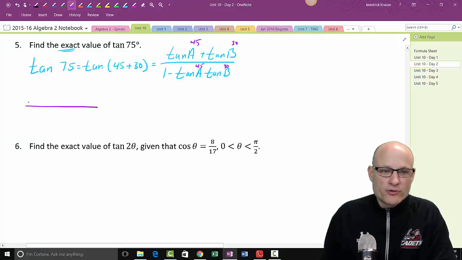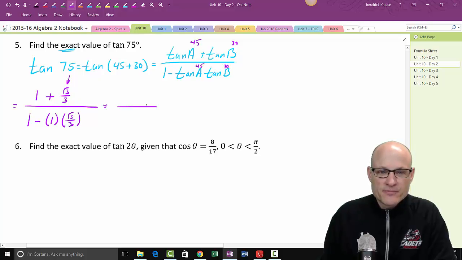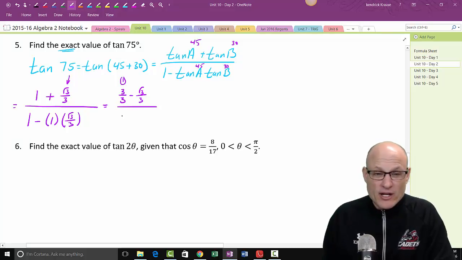So this is going to be equal to 1 plus radical 3 over 3, all over 1 minus 1 times radical 3 over 3. Now I'm going to rewrite this nicely. 3 over 3, that's 1, plus radical 3 over 3, because that gives me my common denominator in order to add.